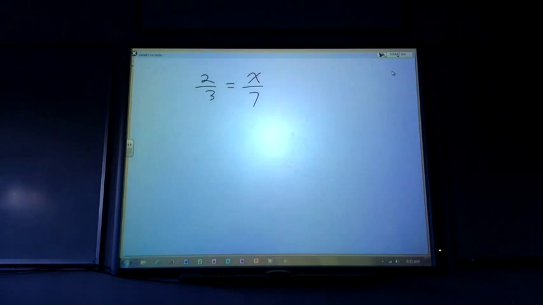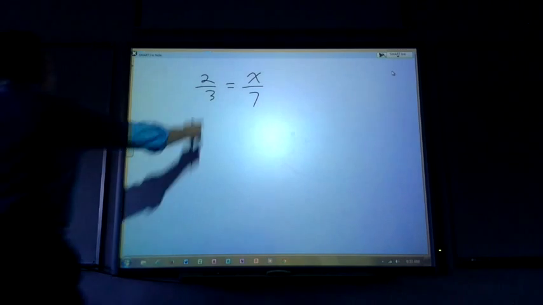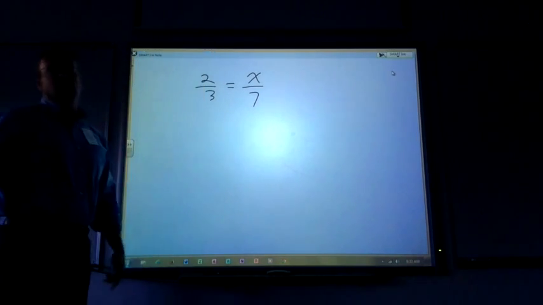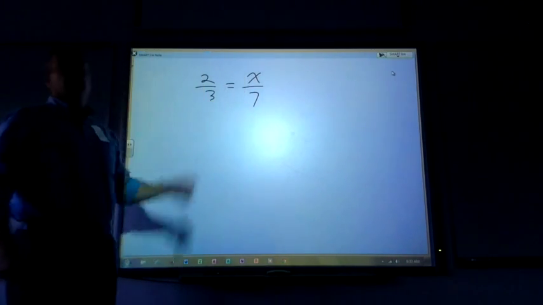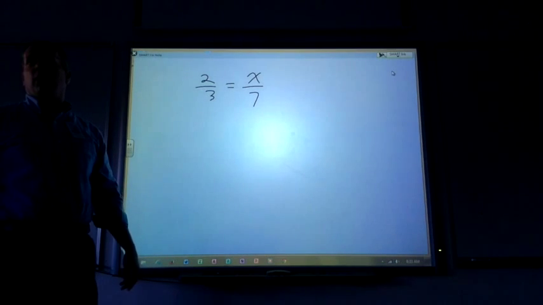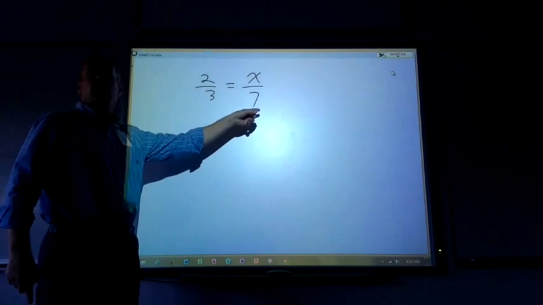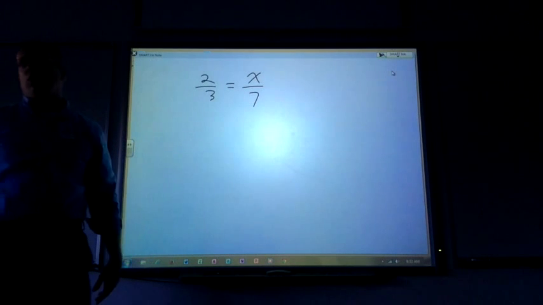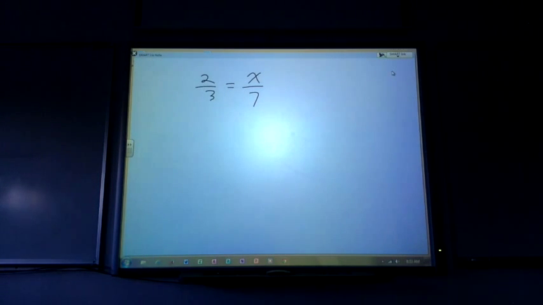It is the product of the means is equal to the product of the extremes. The product of the means, product means multiplication. The product of this cross is equal to the product of that cross. So why don't you just say cross multiplication? Because they want to sound smart. Okay? I'm sorry, I'm not that guy.